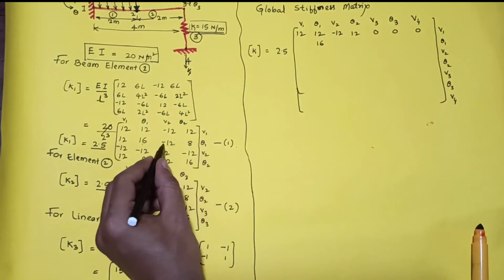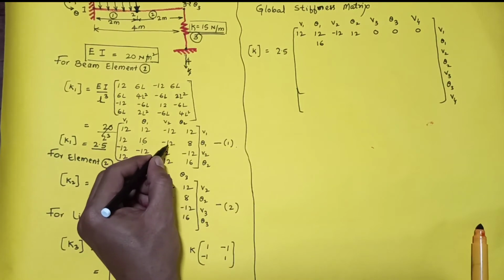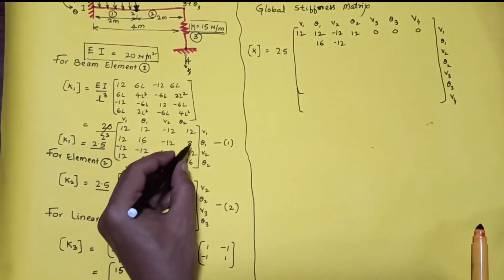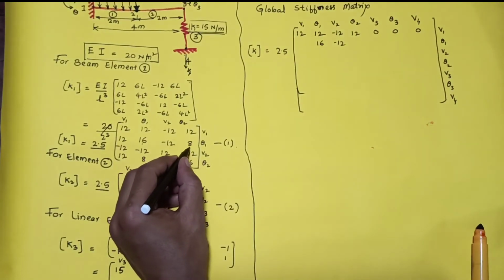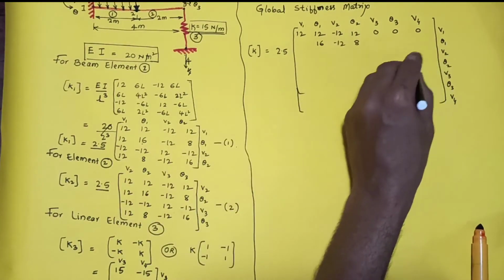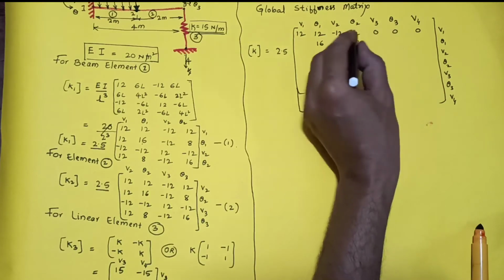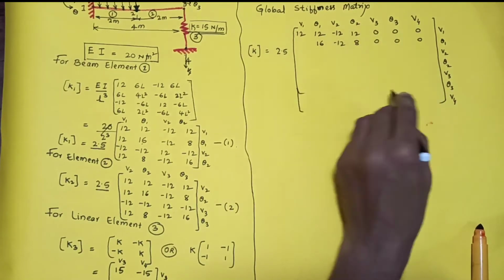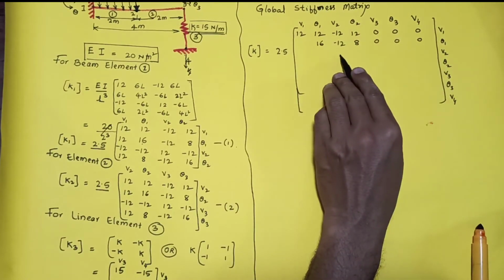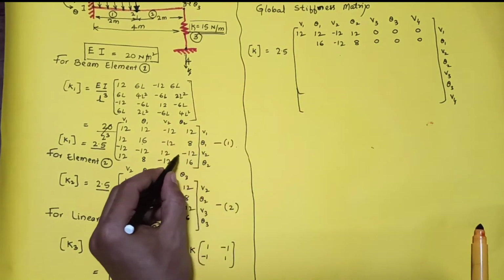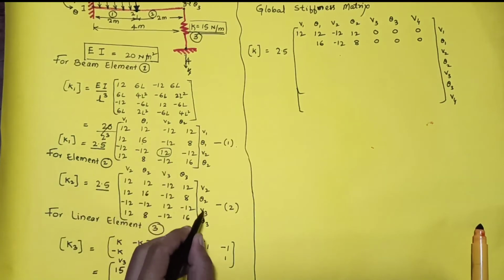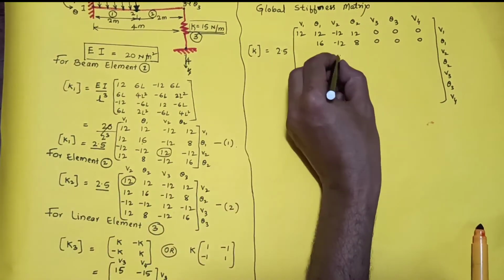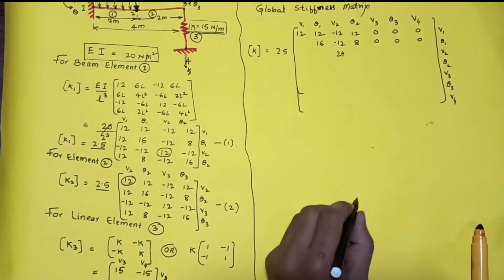Now theta 1 V2 is minus 12. Theta 1 theta 2 is 8. Theta 1 with V3, no link between 1 and 3, so 0, 0, 0. Now V2 V2: that is 12 here and 12 there, so 12 plus 12 gives 24.